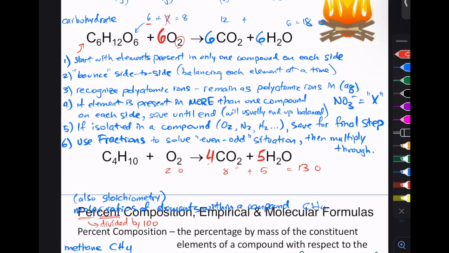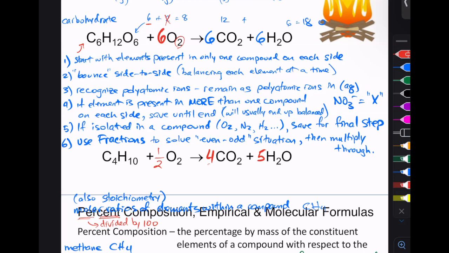So this is where the fractions will help you. Again, there are other strategies, okay, but that's more kind of like a trial and error. Let's solve this with fractions. What fraction can I put in front of the O2 to give me 13 oxygens? Earlier, we put a 1/2, okay? And I explained to you that if I have 1 mole of molecular oxygen, how many moles of oxygen is that?